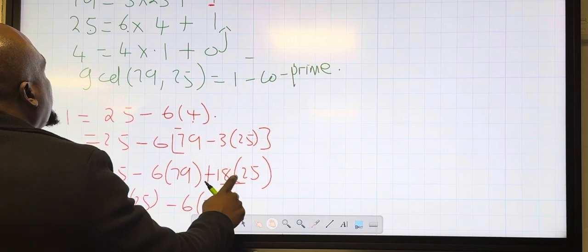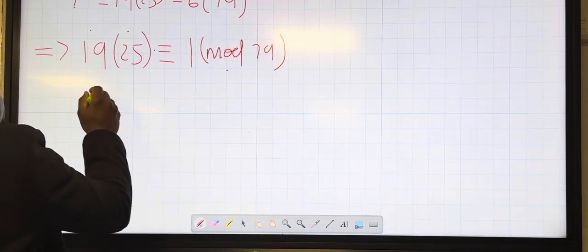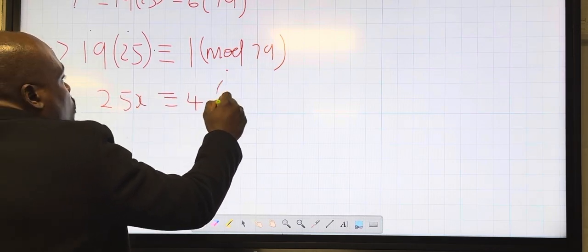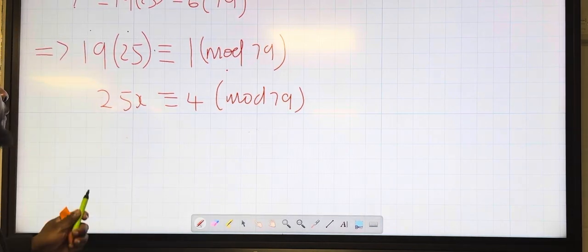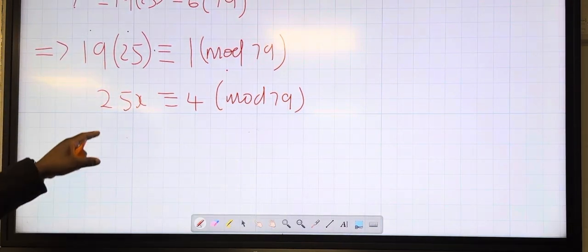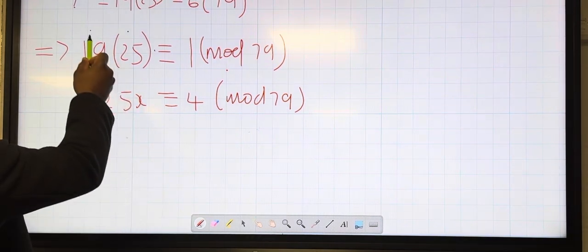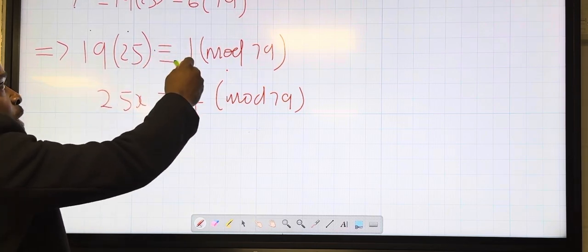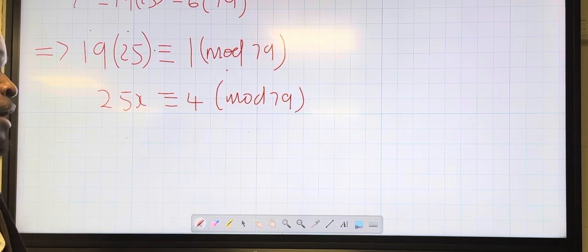When we look at this equation, 25x is congruent to 4 in mod 79, what it means is if we multiply by 19, the 25 is going to be cancelled because 19 is the multiplicative inverse, since 19 times 25 is congruent to 1 in mod 79. That's according to this algorithm.